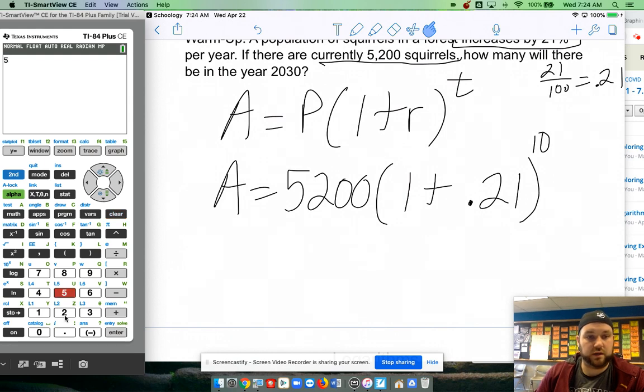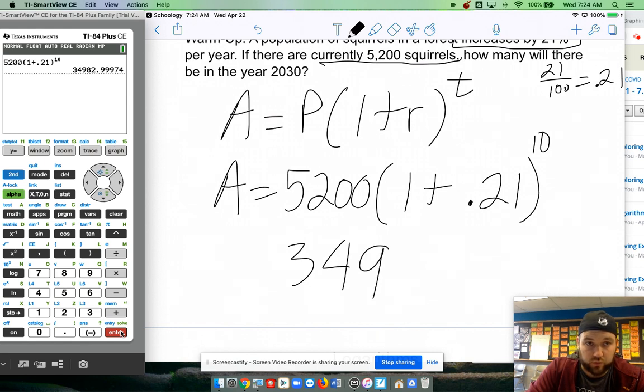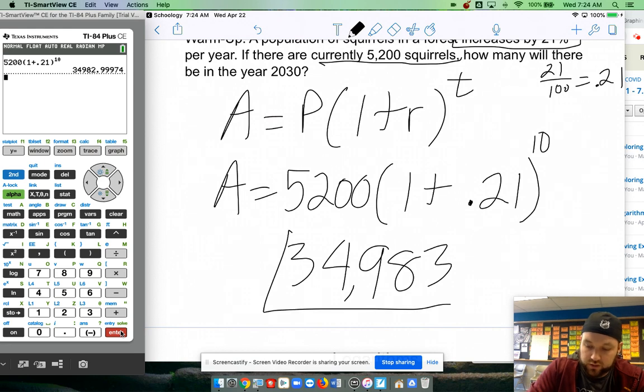I'm going to type that in my calculator, 5,200 times 1 plus 0.21 to the 10th power is 34,982.999. But again, we're talking squirrels, so we're just going to go 34,983, which is a ton of squirrels if you consider that it started at 5,200.